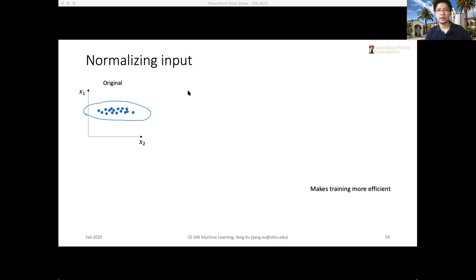The usual way of normalization is that we first move the data to make it centered around the 0 point, right? We basically shift data to 0 by subtracting the mean value from it. So here mu is the mean value for each feature.